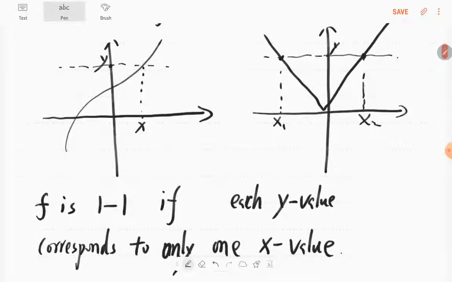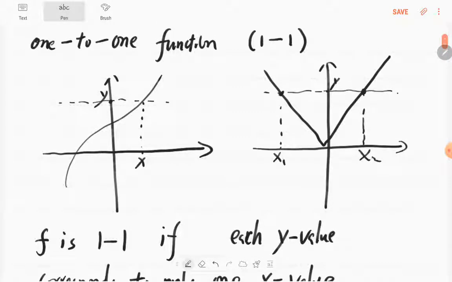From the graph, we also get an idea of how to identify a one-to-one function. We just need to draw a horizontal line. If an arbitrary horizontal line intersects the graph at most one point, then the function is one-to-one.